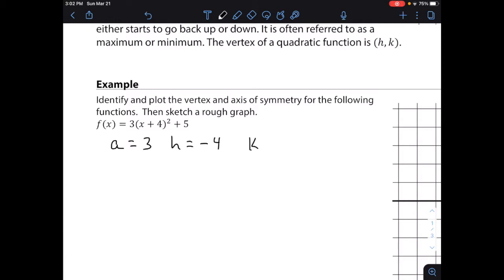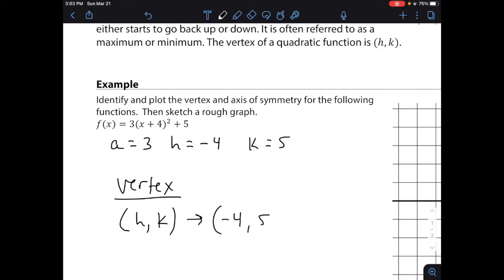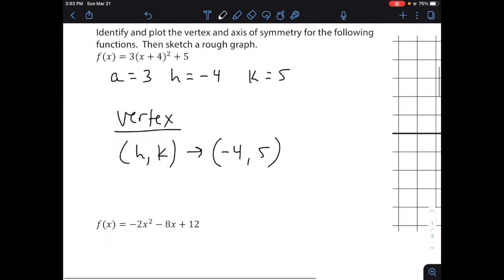And k is 5. Okay, so that makes our vertex h, k, so h, k is -4 and 5. And our axis of symmetry, I'm going to write it over here, axis of symmetry is just the x value of our vertex, or x equals -4.